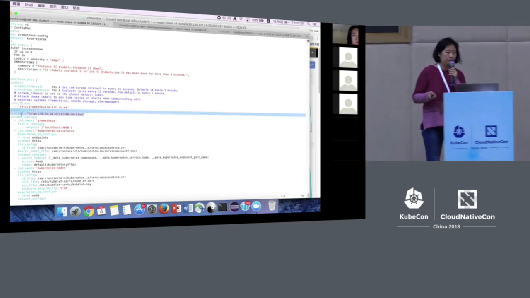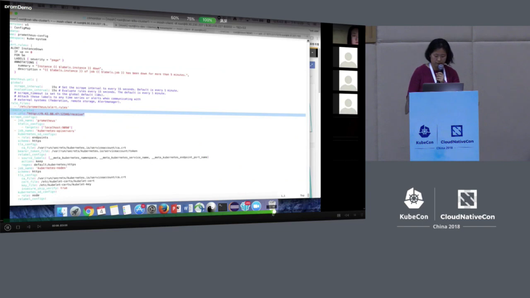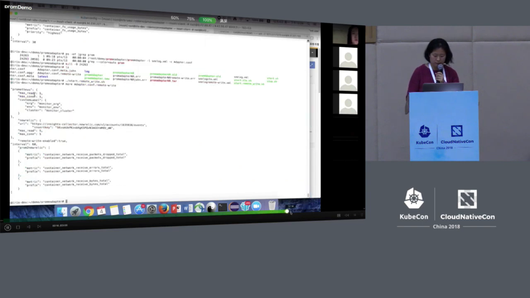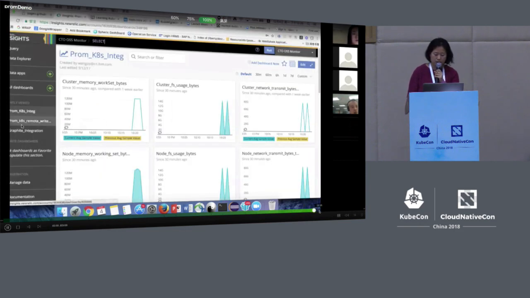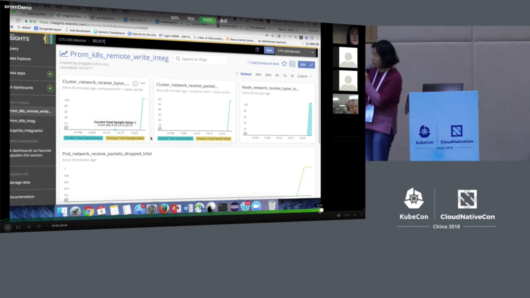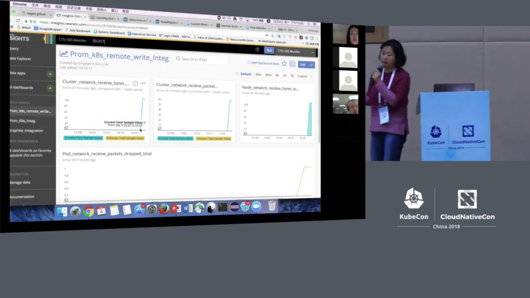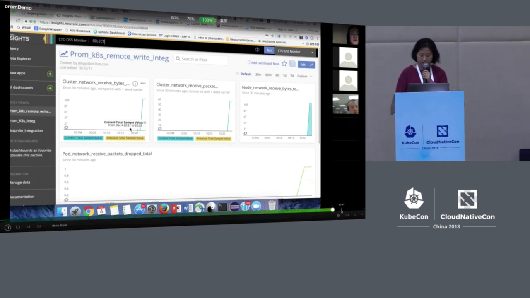So remote write can be enabled. Here you can add the parameters about the configs, but the core is if you fix the config of Prometheus. So these are the remote writes. If you activate this, you can have all data very quickly in the dashboard.